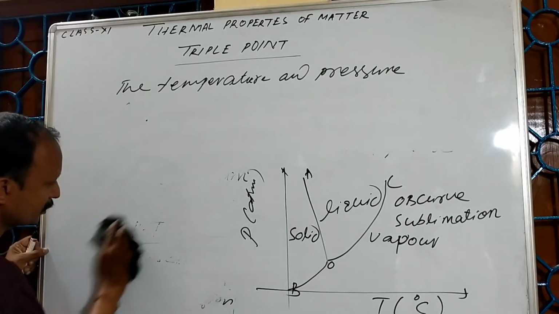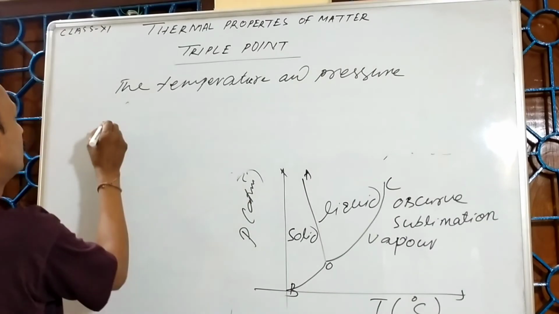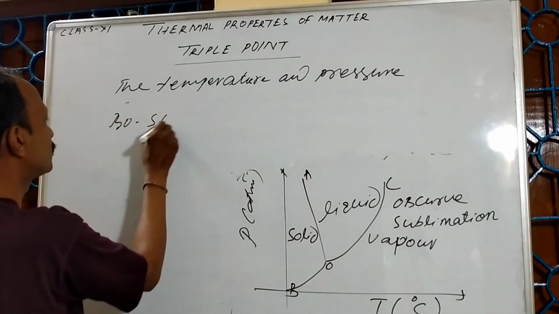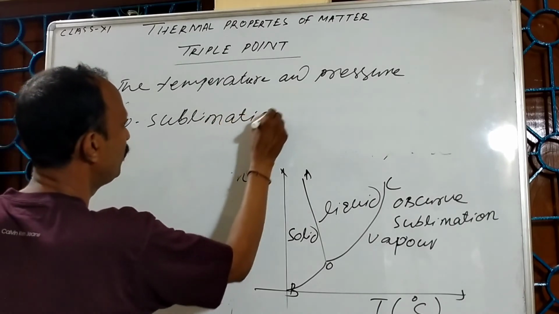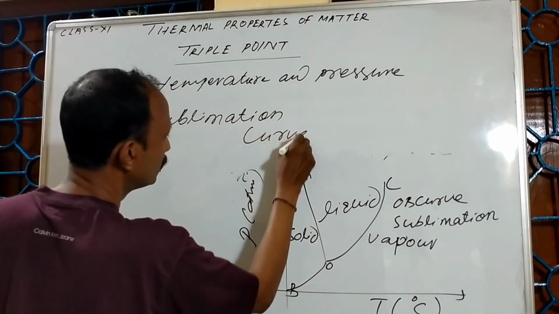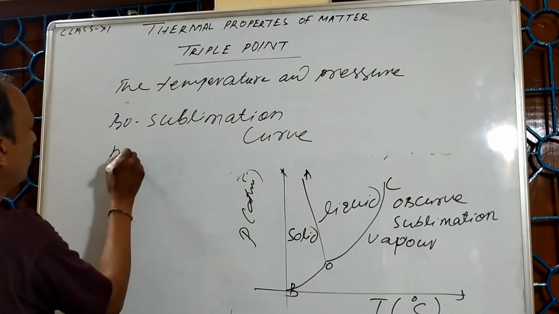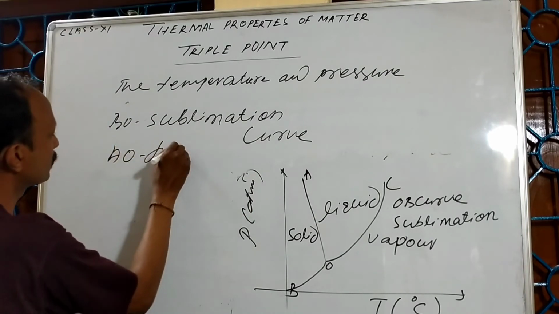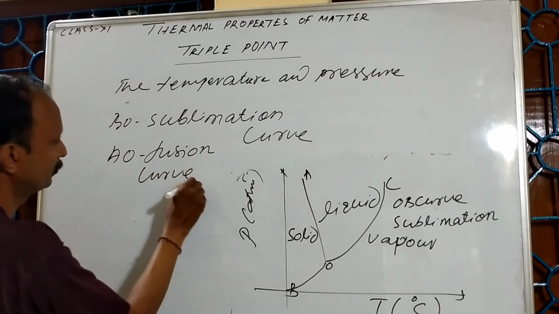Once again I shall mention here, BO is the sublimation curve. Here AO represents the fusion curve.